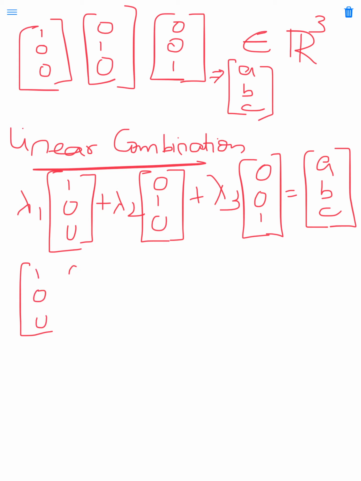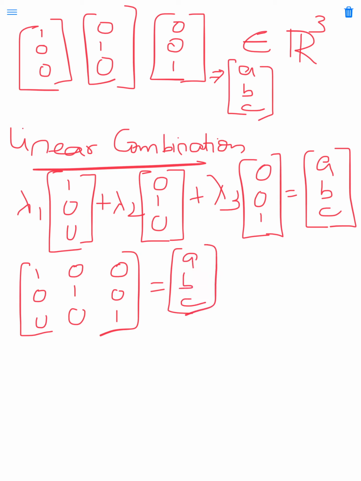You are aware of that. You will be forming a matrix like this. The obtained matrix is already in row echelon form, so you will be getting some values like this. From this you will be able to get the values for the lambda variables as a, b, c.